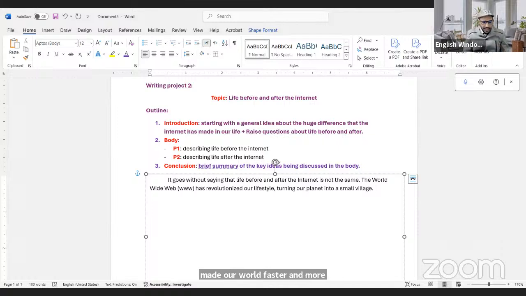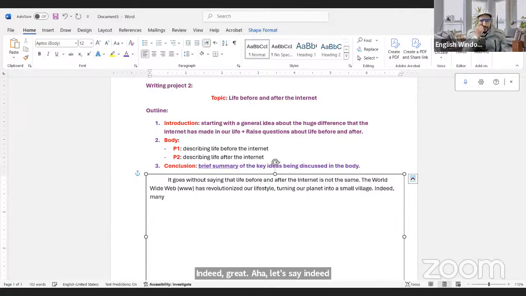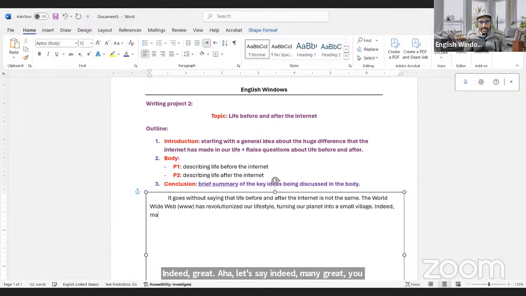Indeed, our world has become... Yes, indeed, let's say our globe again, has many aspects.